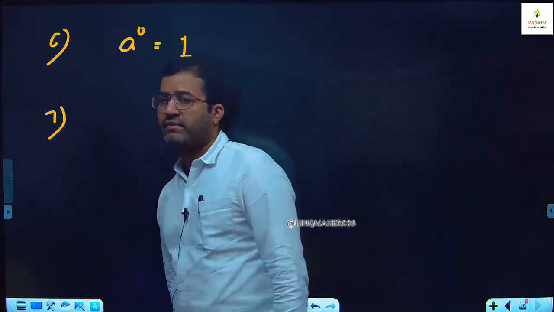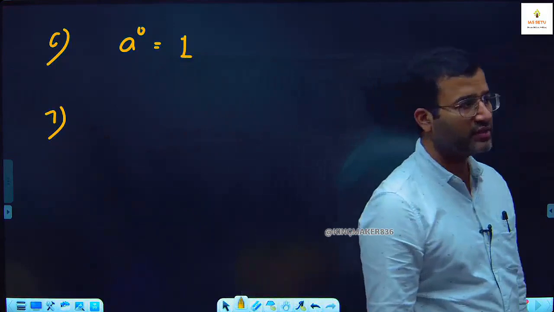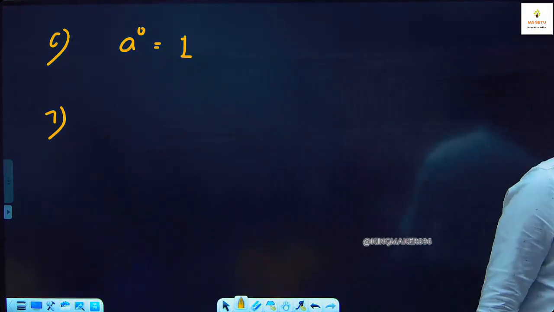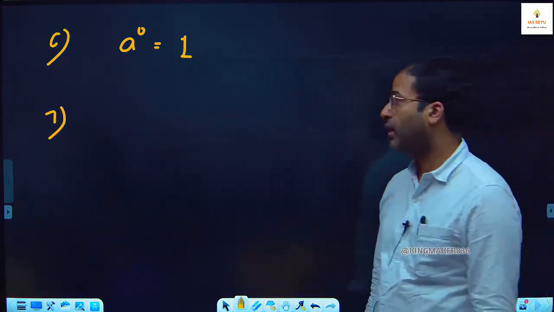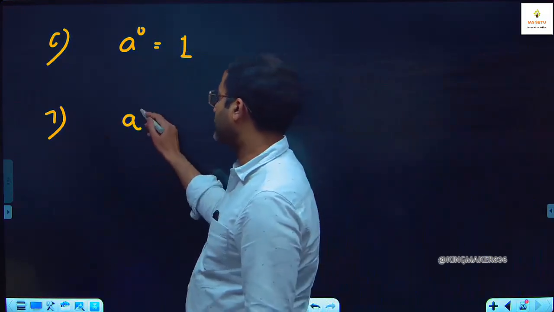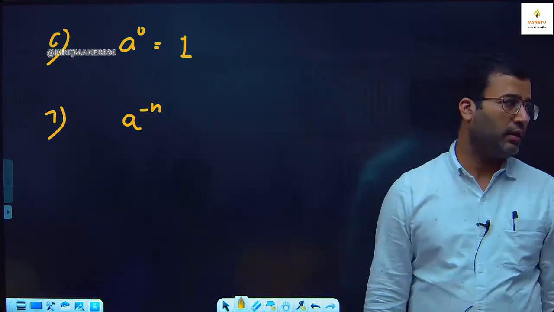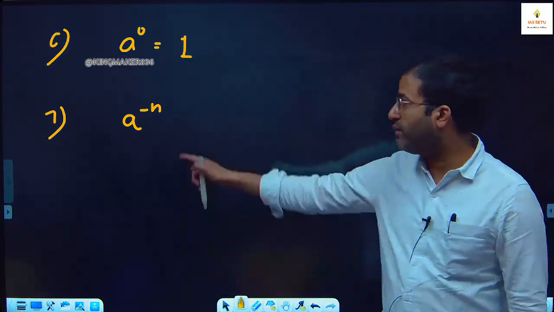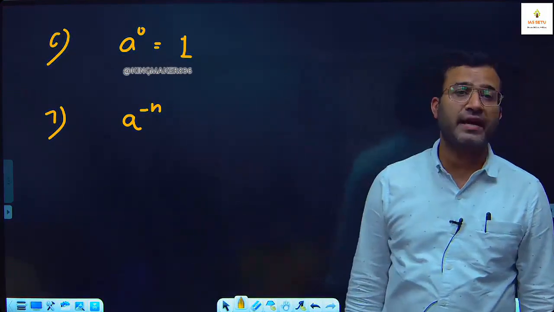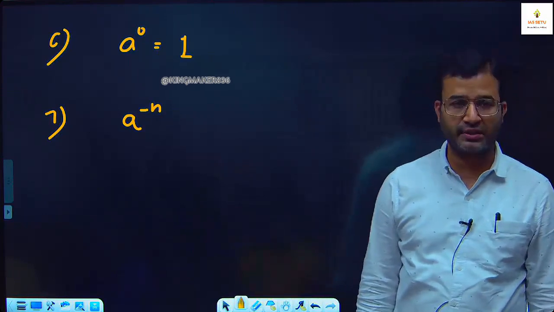Rule number 7, where generally students have some misconception or they make some mistake, a^(-n). कुछ लोगों को लगता है पावर माइनस n, so it will be a negative value, not necessarily.